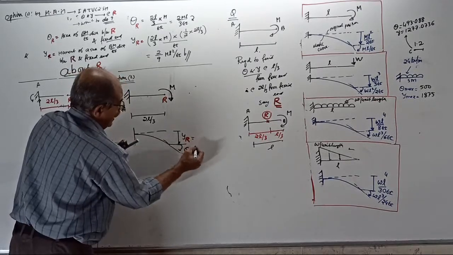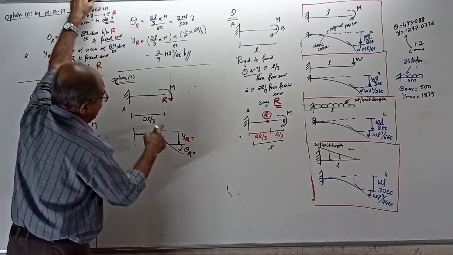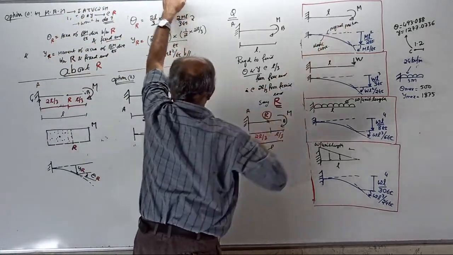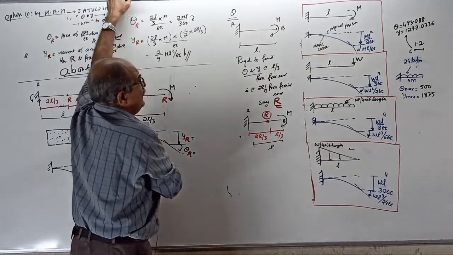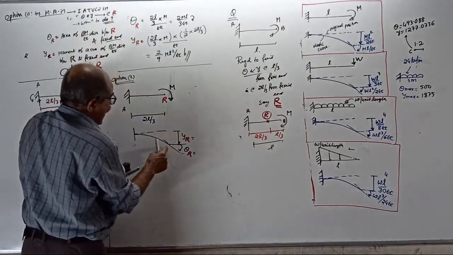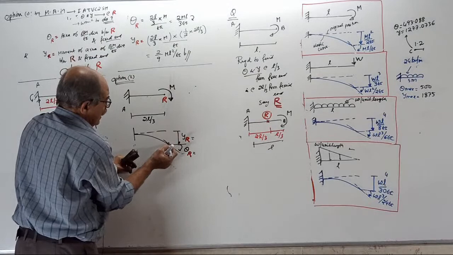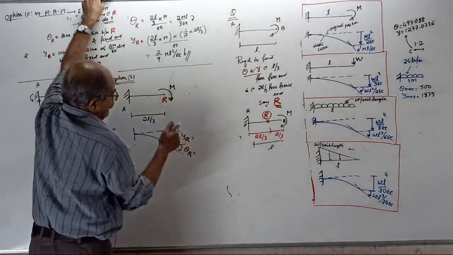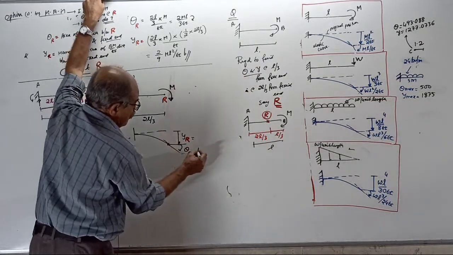Directly apply the formula. Slope at R. For now this span L will become 2L by 3. It is a cantilever, and now your R becomes the free end. So slope equals ML square by 2EI. M is M only.